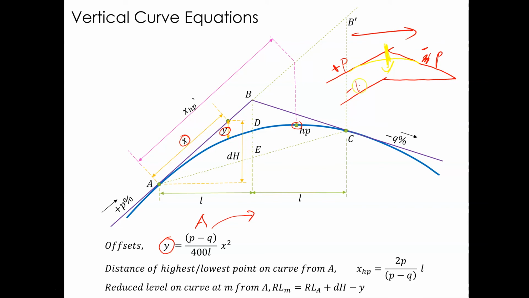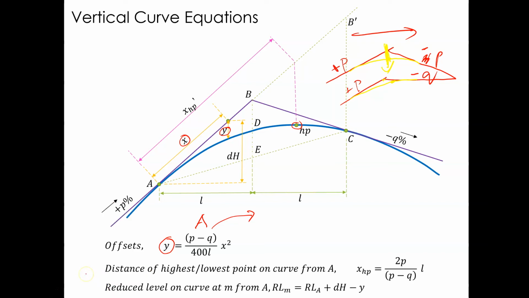So if I have plus P there and minus Q now, which is lesser than P, when I fit in a vertical curve it might look something like that, where the highest point is nowhere beneath the intersection point, but somewhere else. That's what I'm trying to show.